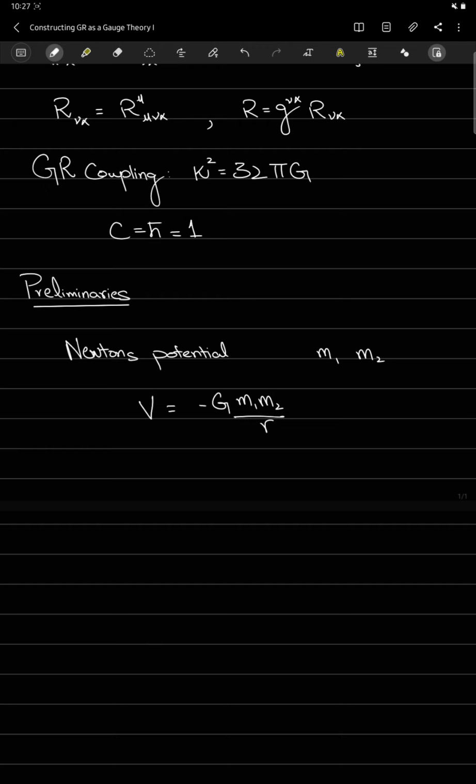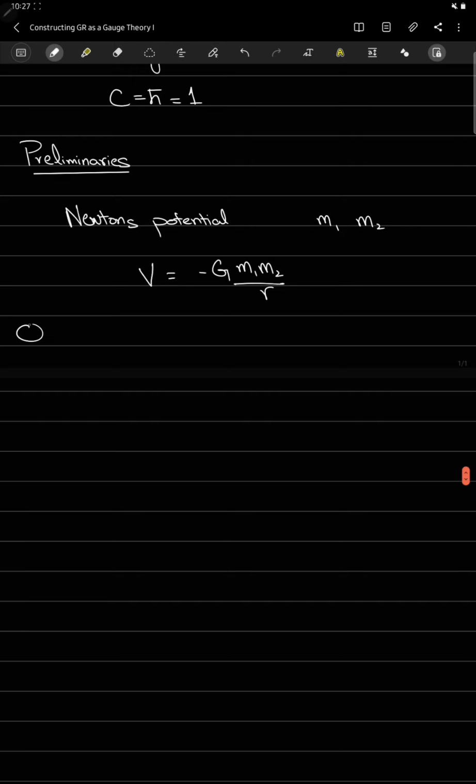Now, this law out of the box is analogous to Coulomb's interaction. And we know that the photon field serves as a mediator of the electromagnetic interaction, right? So the question we could ask is: what would be the mediator of gravity?